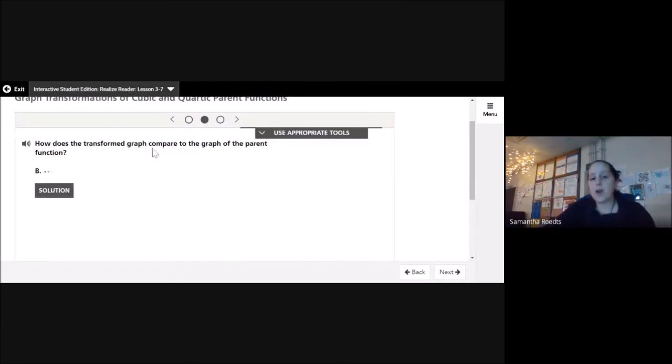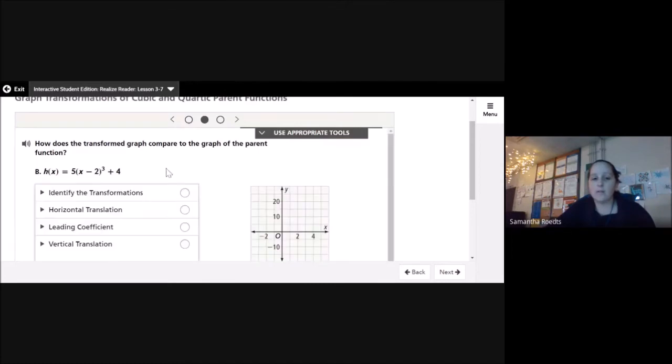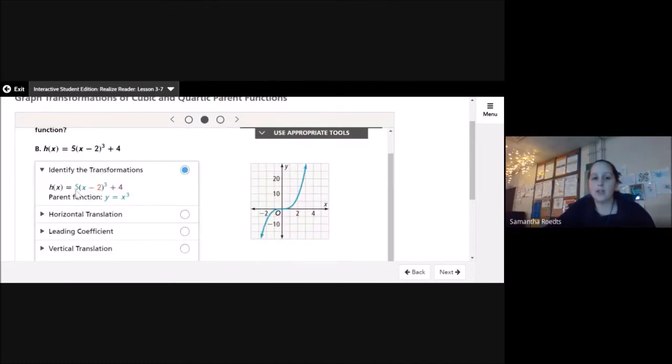How does the transformed graph compare to the graph of the parent function? h of x equals 5 times the quantity x minus 2 cubed plus 4. Okay, so I know this 5, this -2, and this 4 are going to be important. So identify the transformations. The parent function is y equals x cubed.